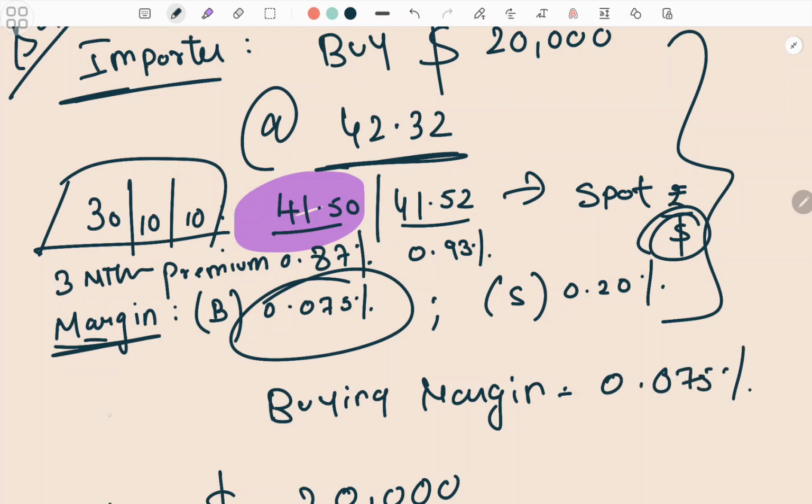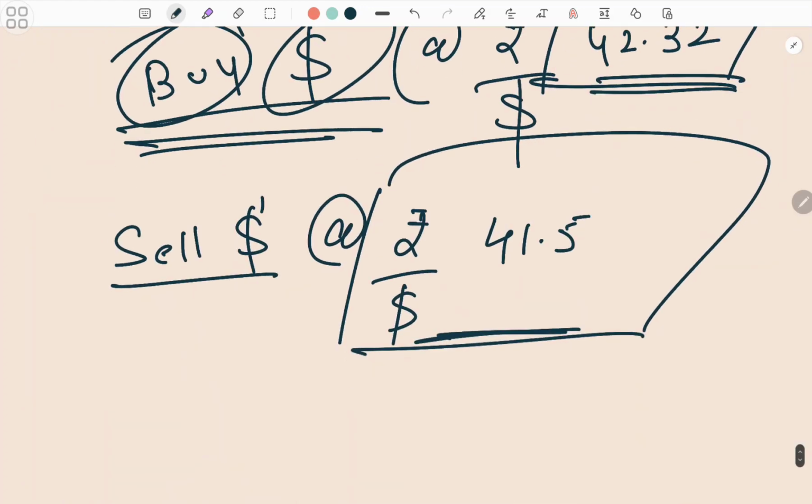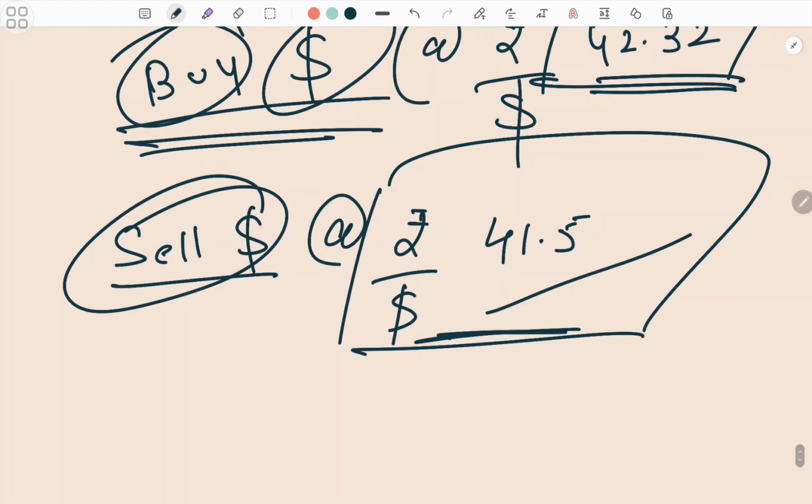This is from the bank's point of view. And similarly, the selling margin is also given, which is 0.2%. Now a customer is selling, in order to cancel the contract, he is selling dollars at 41.5.